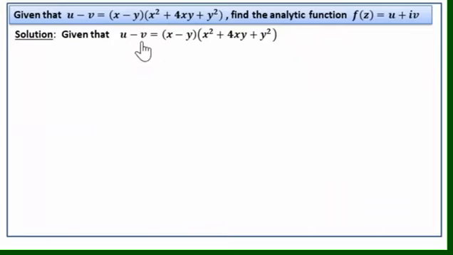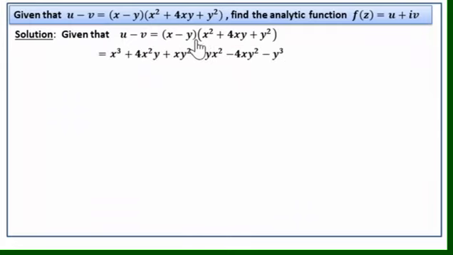Okay, so start with this. Differentiate this partially with respect to x and y. Okay, but before that, we can simplify the right hand side and write. So here we have first term x into x square, x cube, plus 4x square y plus xy square, minus yx square minus 4xy square minus y cube.